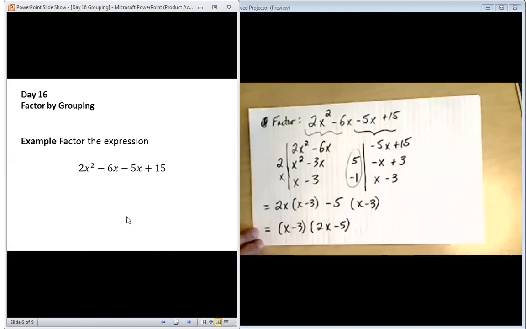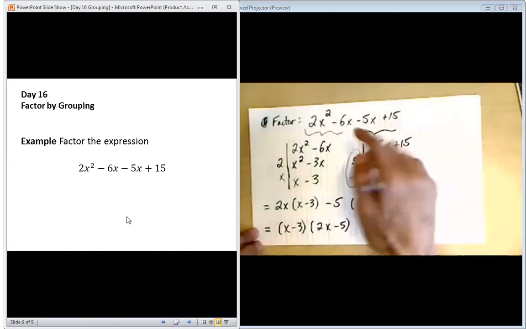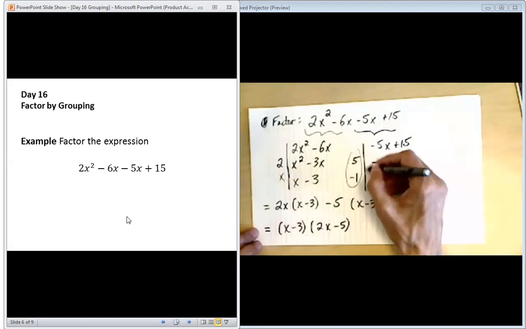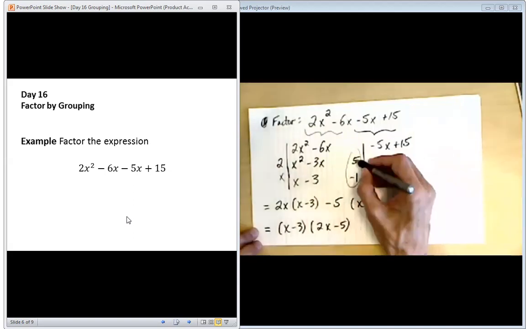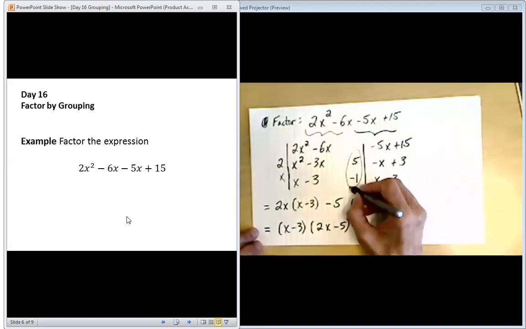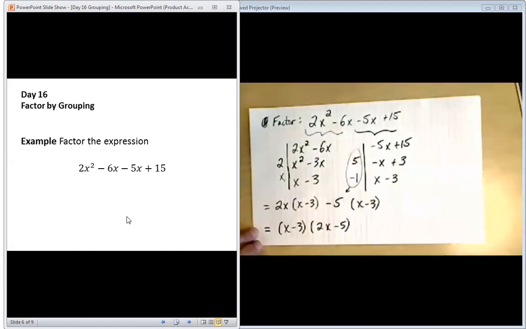Absolutely. That's what we've been doing. Those multiplied by one another. So 5 plus 5 times -1. -5. Yeah. Exactly.